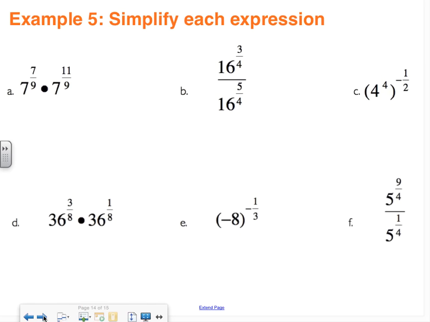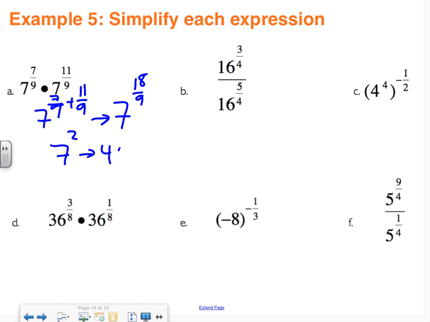So, remembering our rules for adding fractions, this will be 7 raised to the 7/9 plus 11/9. Since the bases are the same, since the denominators are the same in the fraction, you can directly add the numerators. This gives you 7 to the 18 over 9 power. That fraction can be reduced, becomes 2. So this is 7 squared, which turns into 49.